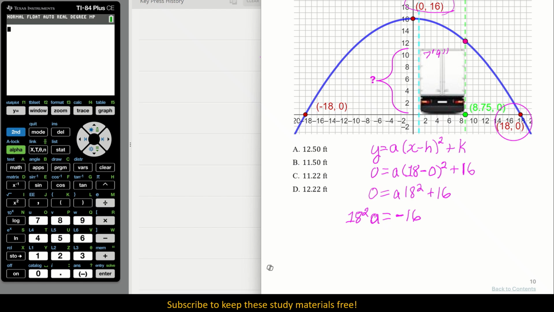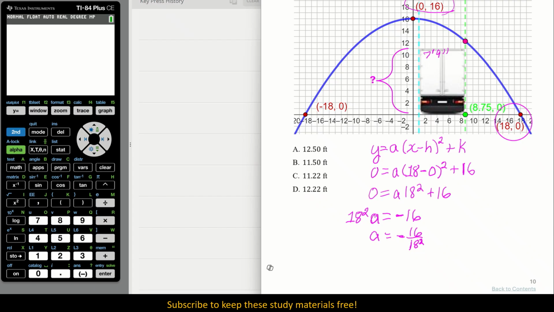Because if I move a times 18 squared to the other side, it would be negative, so I had to adjust for that. So I've adjusted for all that. Now, what does a equal? A equals a negative 16 over 18 squared. And I'm going to leave it in that form.